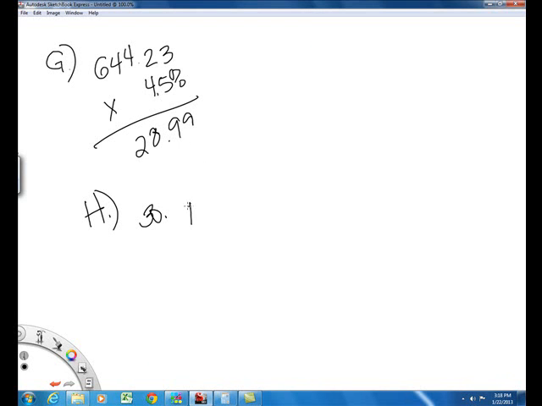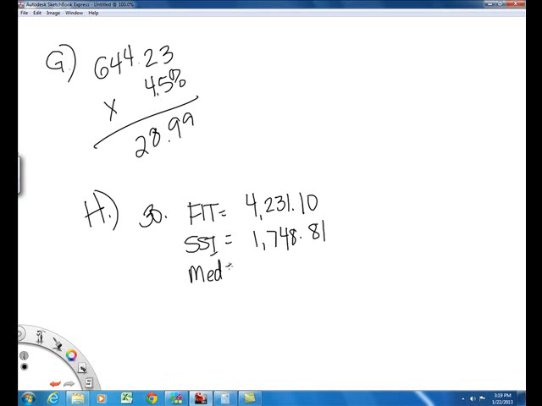If I have federal income tax of $4,231.10, Social Security at $1,748.81, and Medicare at $409, it wants to know how much I'm going to have to pay to the IRS.